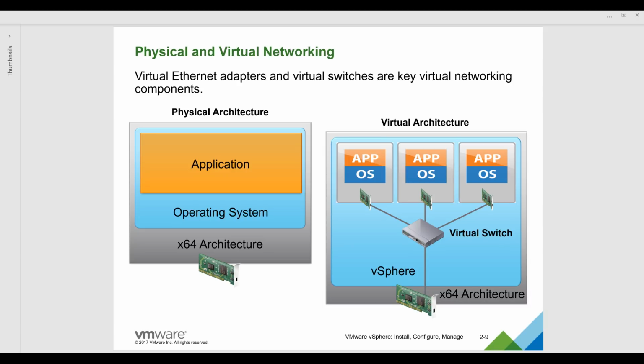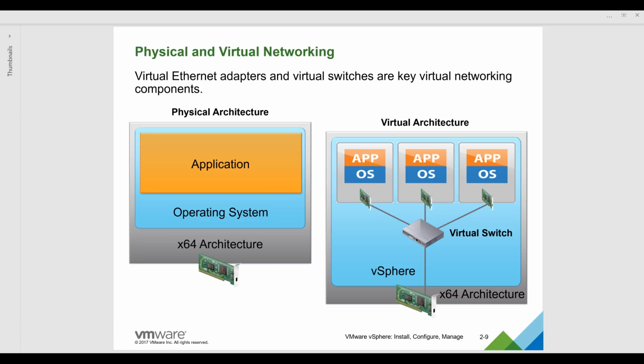Physical and virtual networking. The virtual Ethernet adapters and virtual switches are basically key to your networking components. With that being said, it's important to know that in a physical environment, the operating system assumes all the ownership of the physical memory in the system.